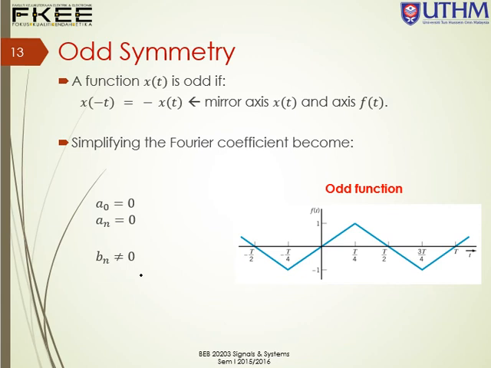So in this case, you do not need to calculate your a_0 and a_n anymore, because based on this symmetrical characteristic, you already know they are 0. What you need to do is just calculate your b_n using the formula. So it is much faster, and we have simplified the calculation.